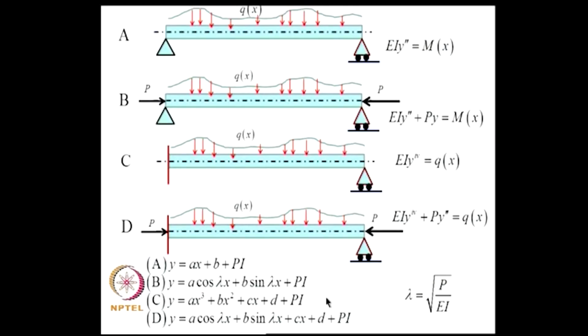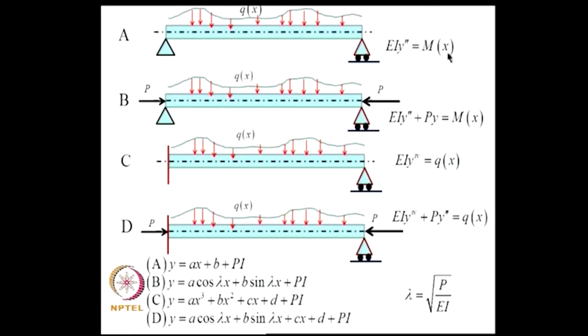Suppose we set up that as a problem. Now, to understand the issues, we will consider some simple situations. Suppose the beam is carrying load q of x, and it is simply supported to keep the discussion simple. So, the governing equilibrium equation will be EI y double dot is equal to M of x.